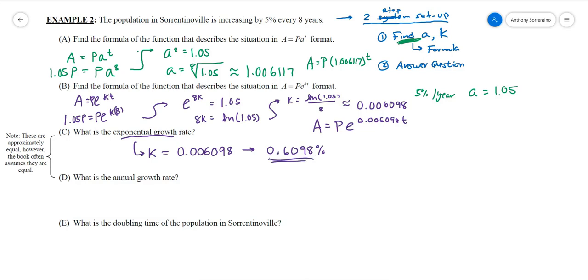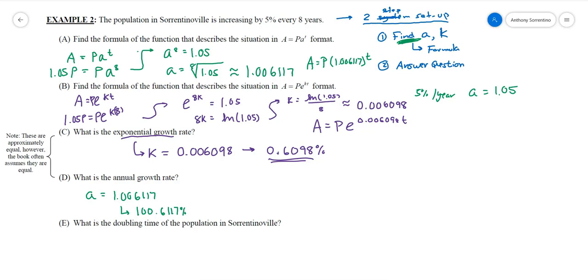So that's how much your investment or this population is growing over a period of time. It's not actually per year. It's kind of hard to explain what the exponential growth rate is. It's not really an annual growth rate. The annual growth rate comes from A. A equals 1.006117, which, if I wrote it as a percentage, is 100.6117%.